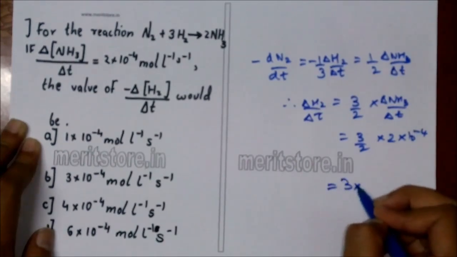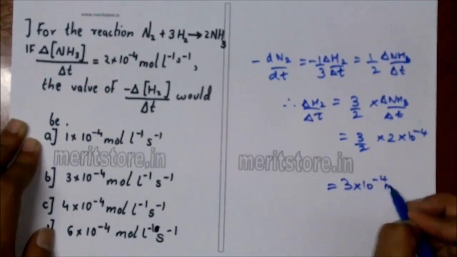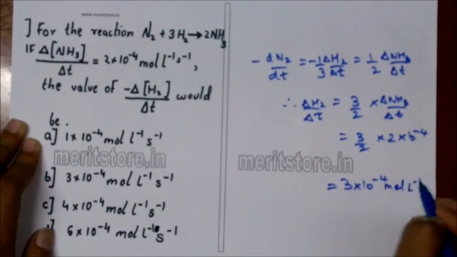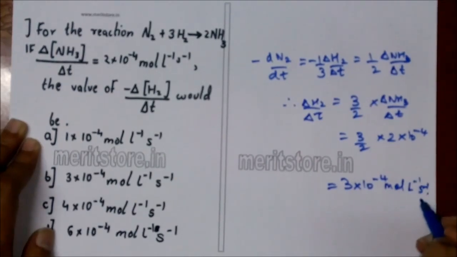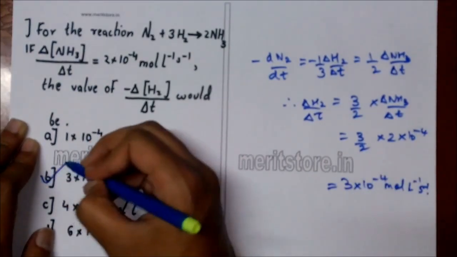So the answer will be 3 into 10 raised to minus 4 mole per liter per second. So option B is the correct option.